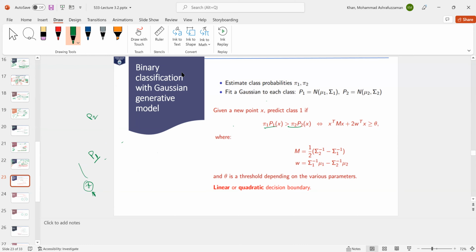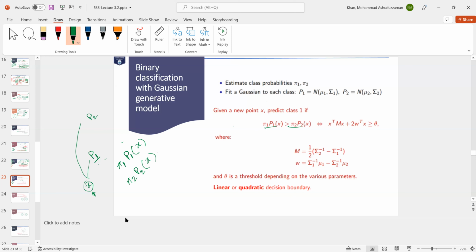It should come either from class 2 or class 1. So the probability that it is coming from class 1 should be the prior probability times the density value we get from probability distribution 1, or prior probability 2 times the probability density value from distribution 2.